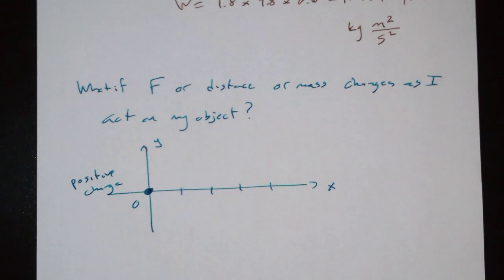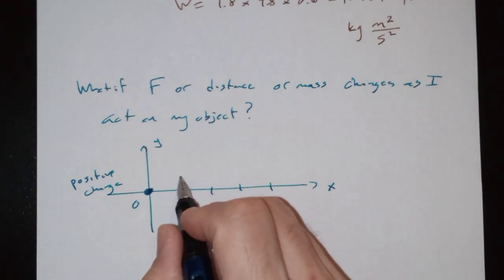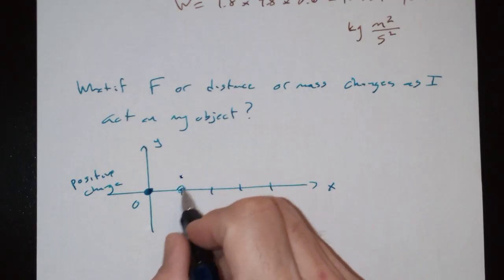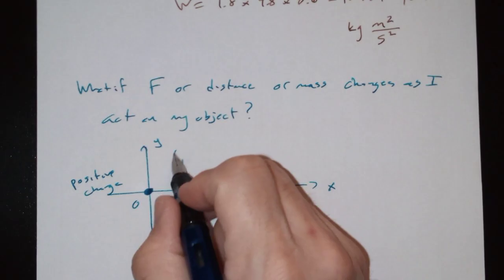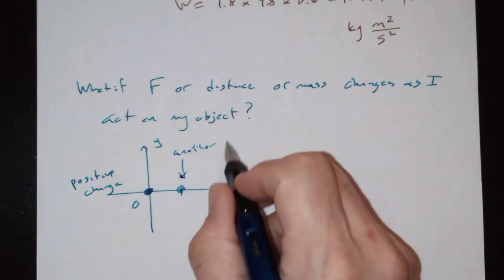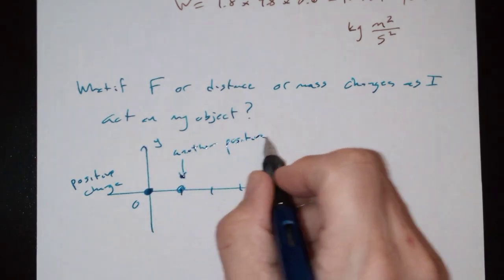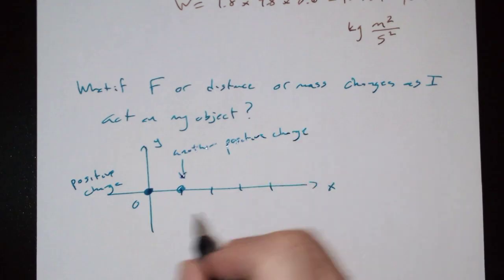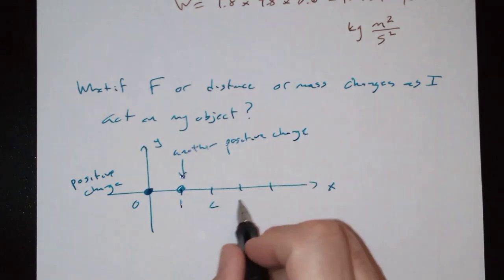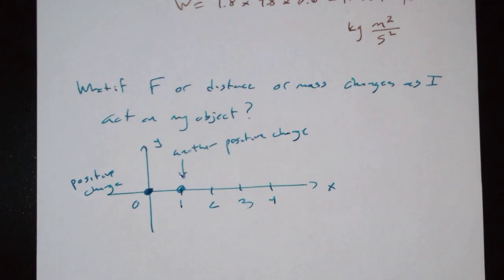Maybe it's a proton, a hydrogen nucleus, right? Here's a raw proton. Positive charge. And then I've got another one sitting here, one unit away.